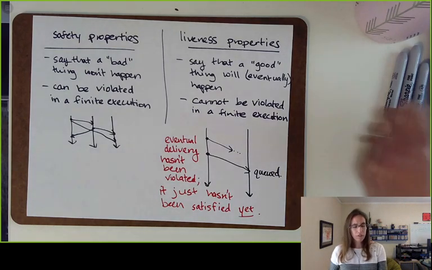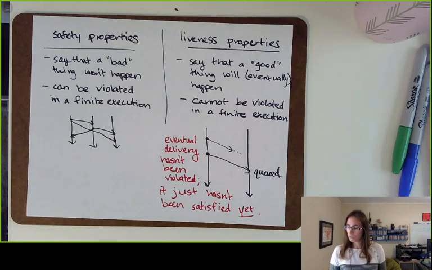So why is it so important? Why do you need both? What if I told you to implement FIFO delivery, and I said, just worry about the safety property of FIFO delivery. Don't worry about any liveness properties. What could you do?